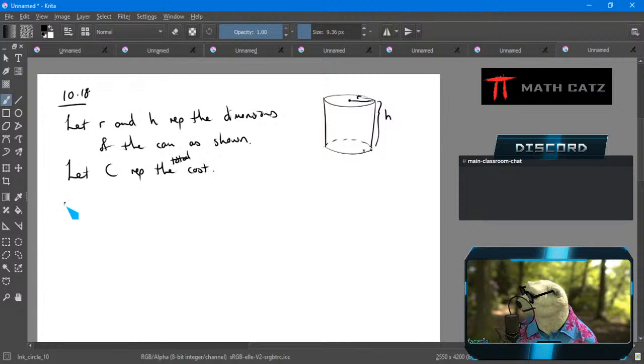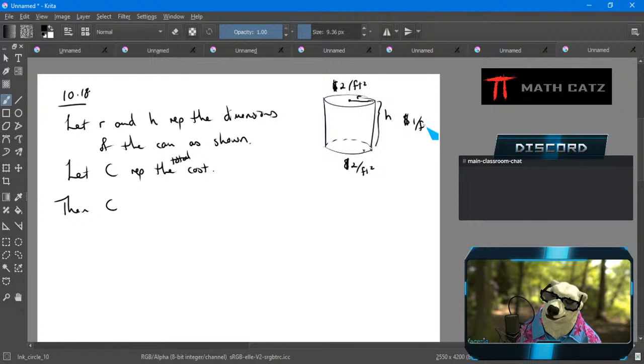Okay, so then the cost is going to be, top and the bottom is $2 per square foot, and all the way around, the side is $1 per square foot. Okay.